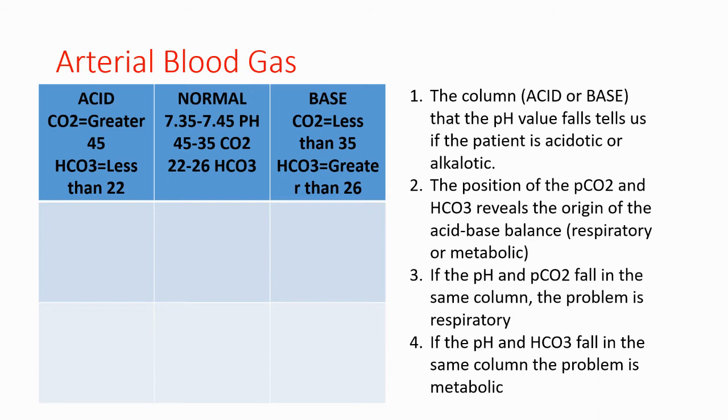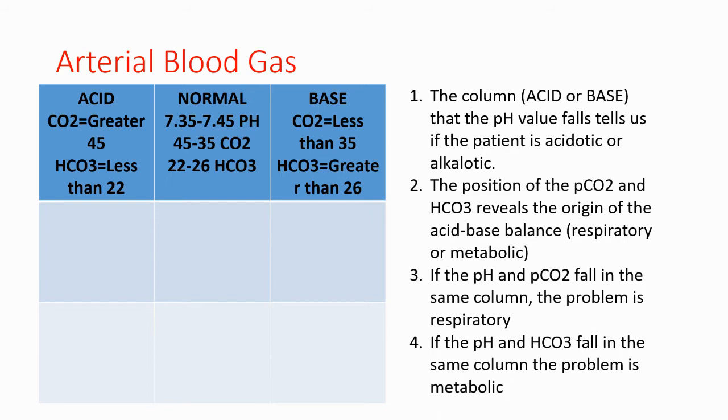Okay, so the tic-tac-toe method is one of the most simplistic methods of interpretation of ABGs, and it's basically done by sorting out the differences in values in a grid fashion, whether respiratory or metabolic, and the pH. At the top of the grid, you can see the tic-tac-toe.